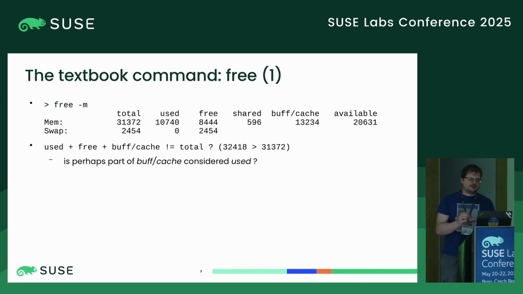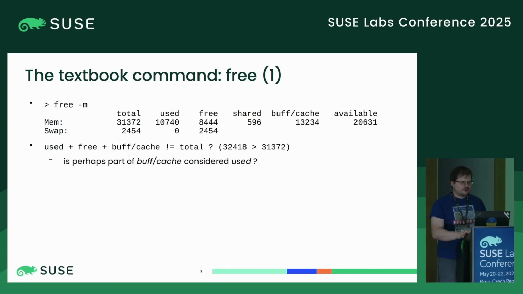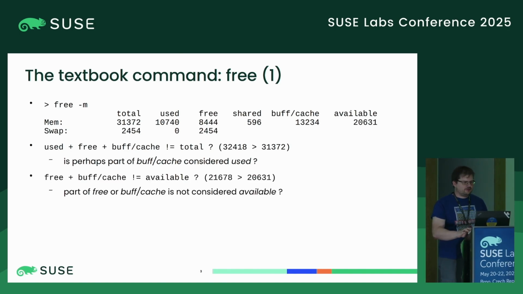So we can see there's a column that's called buff/cache, and that seems like it might be the page cache thing I just explained. So maybe used and free plus the cache will be equal to the total, and yeah, that looks a bit better, but it's more than the total, so maybe some of the cache is actually considered used to make it really equal.